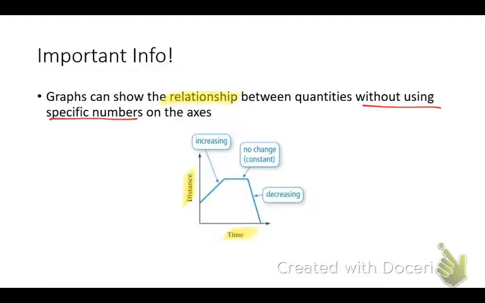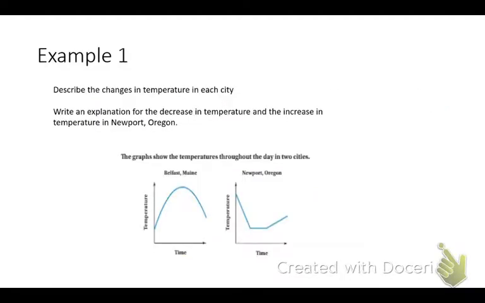Okay, so let's see what this looks like in example 1. In example 1, I want you to describe the changes in temperature in Belfast, Maine, and in Newport, Oregon. So what you're going to do is you're going to look at this graph for Belfast, Maine. Obviously, the x-axis tells me time throughout the day.